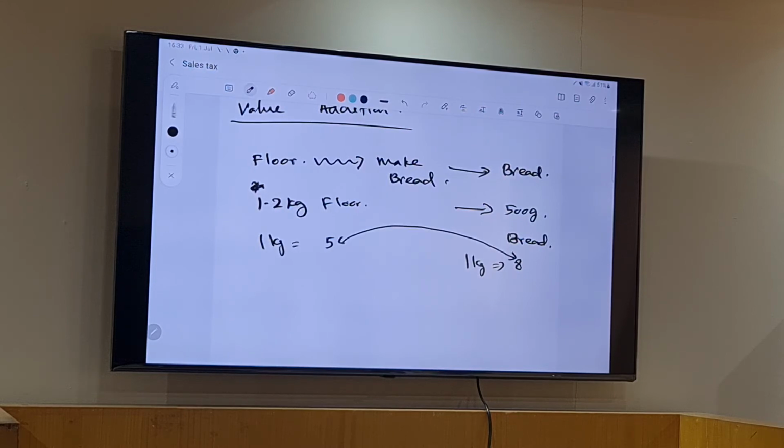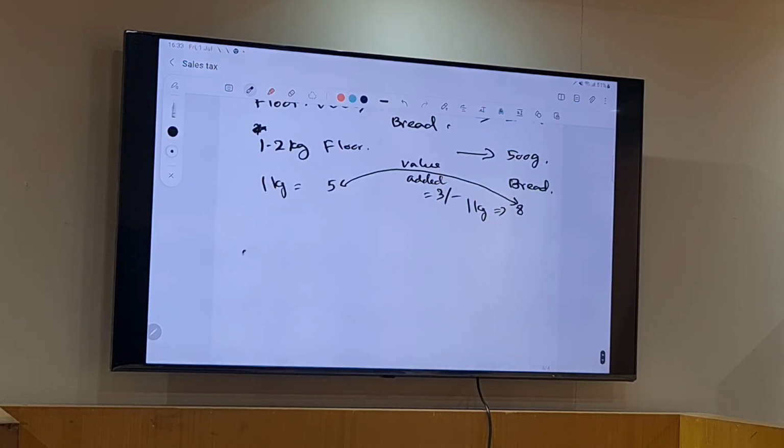So what has happened now? There is a value addition of how much? The tax department is looking at this. You see, I have 0 value, then 5, then 8. At the time of producing the bread, when I am starting the bakery business, I don't have anything.